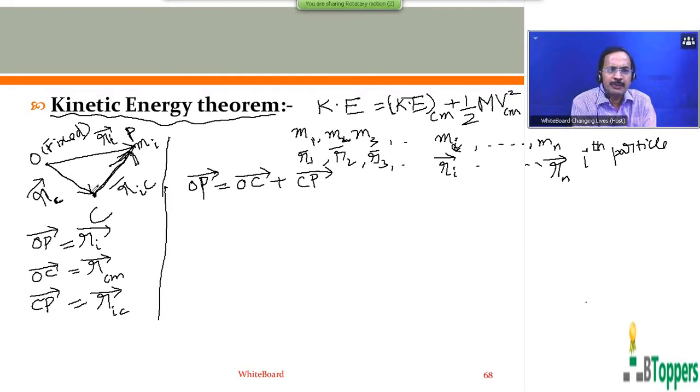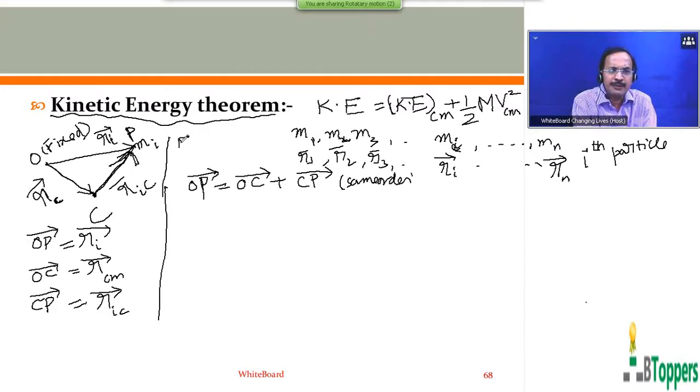The head of the vector OC bar is attached to the tail of vector CP bar. That means the two vectors OC bar and CP bar are in the same order. The tail of the vector OP bar is attached to the tail of the first vector OC bar, and the head of the vector OP bar is attached to the head of the second vector CP bar.